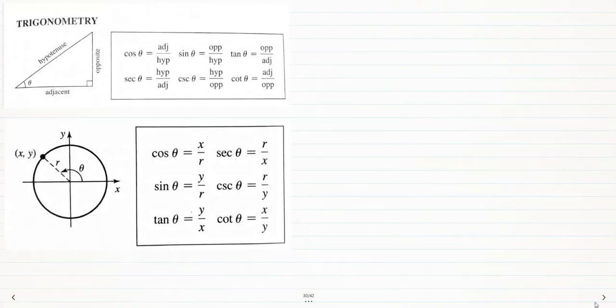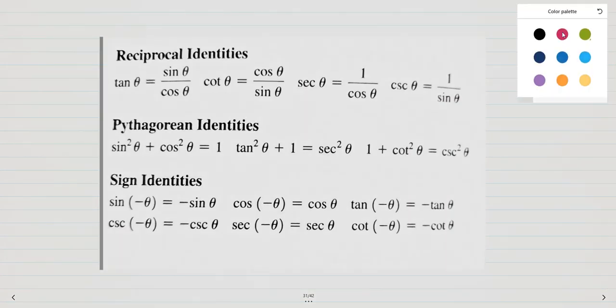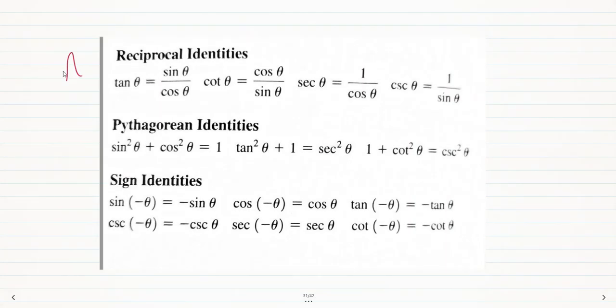And then if we made these x's and an r for the radius and the xy, then you need to be able to write each of these identities. And then especially here, I'm going to highlight that you need to review the reciprocal identities and the Pythagorean identities.